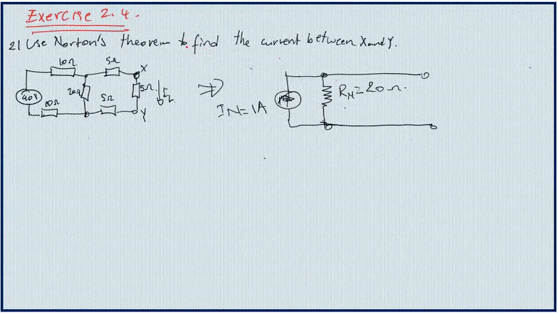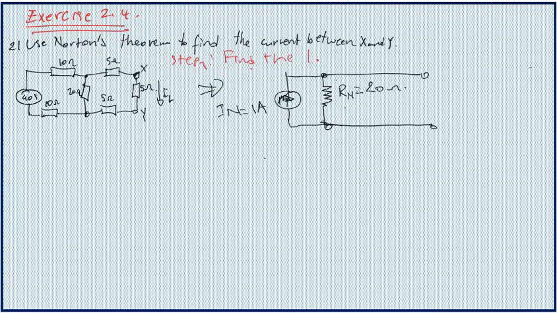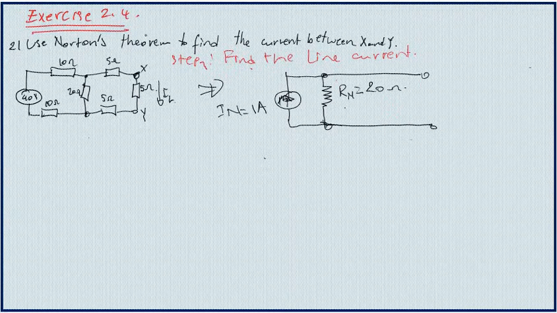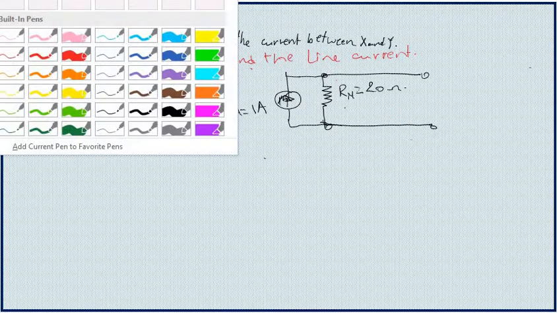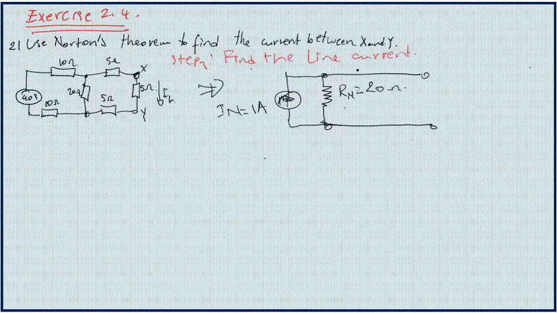So that is step 3. I need to find the line current. This is the equivalent circuit of Norton. In order to determine the line current, we need to plug in the load.